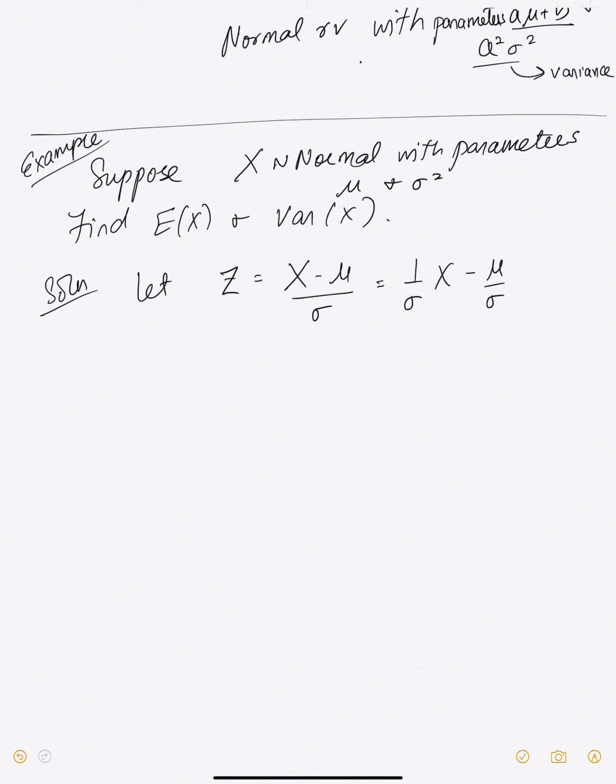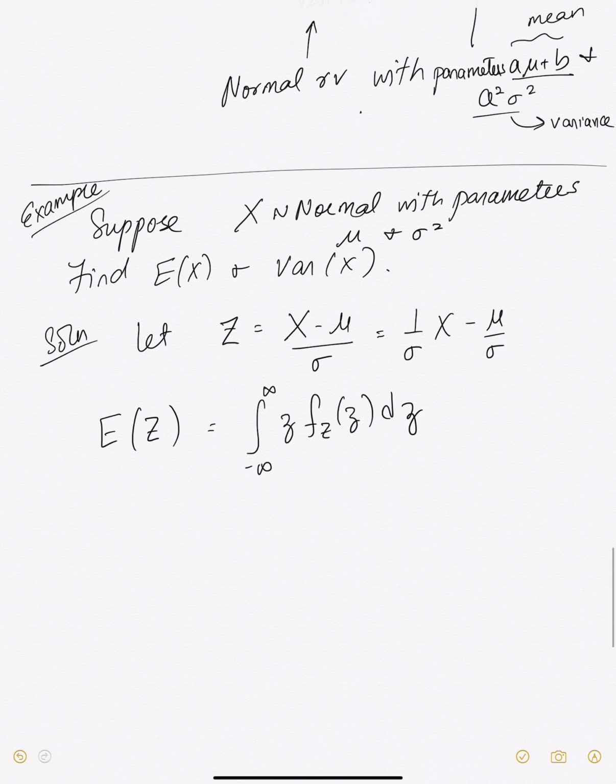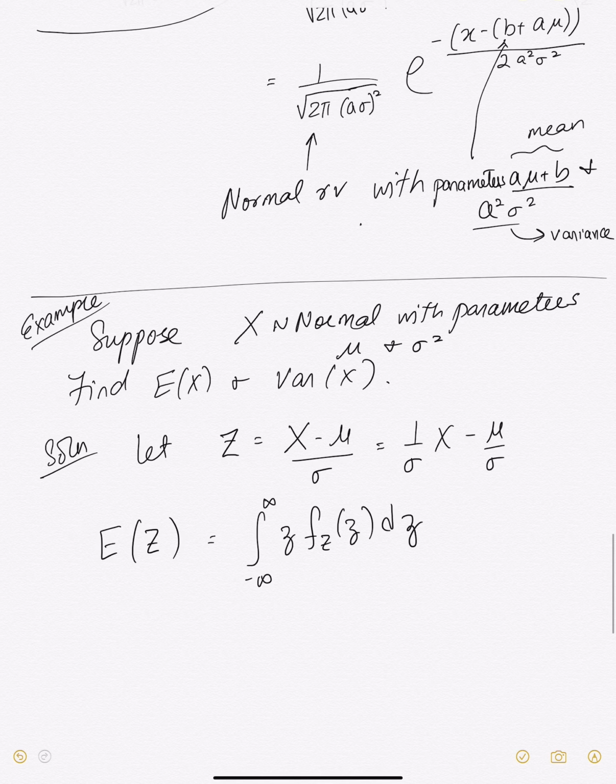And we want to find out what the expectation of z is. This will be the integral from minus infinity to infinity of z times the density of z. You do know the density of x, and using the shift that we just learned about, what will the density of z be?